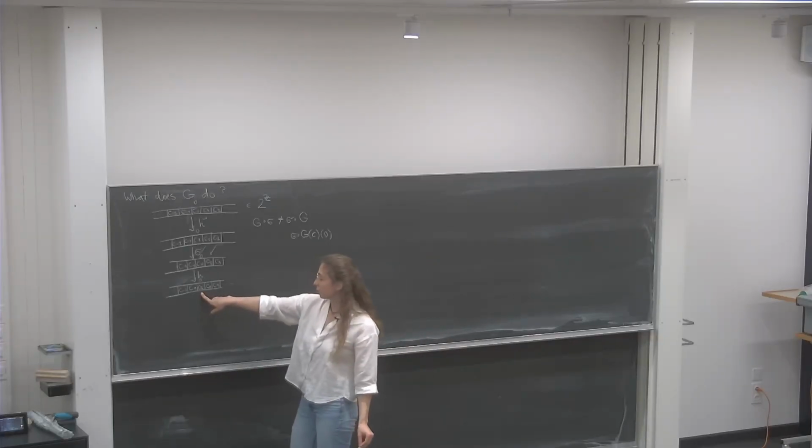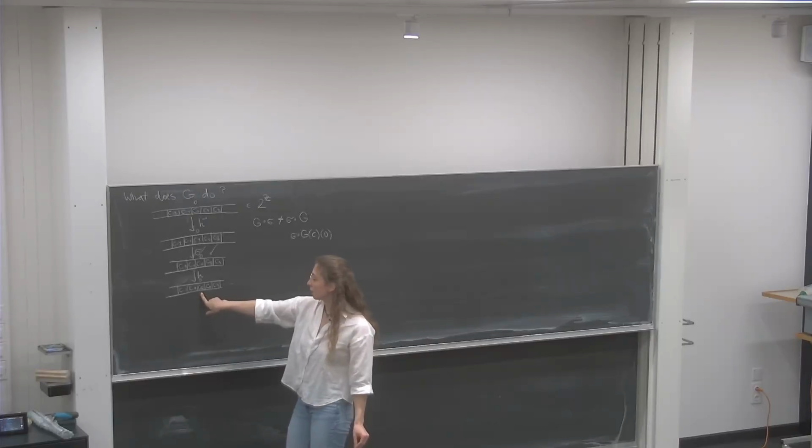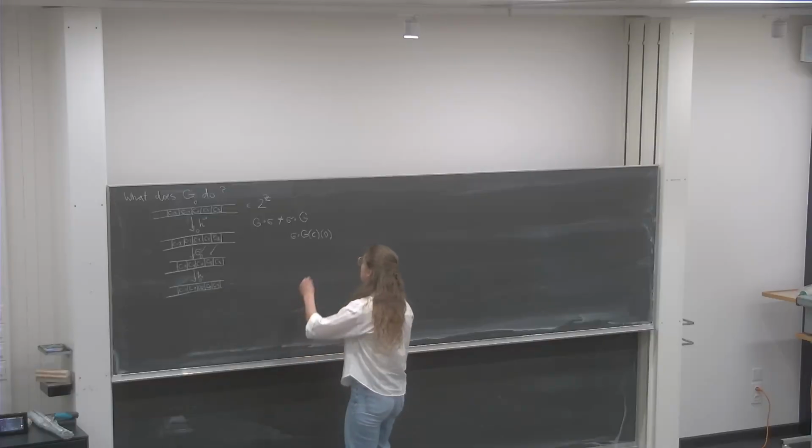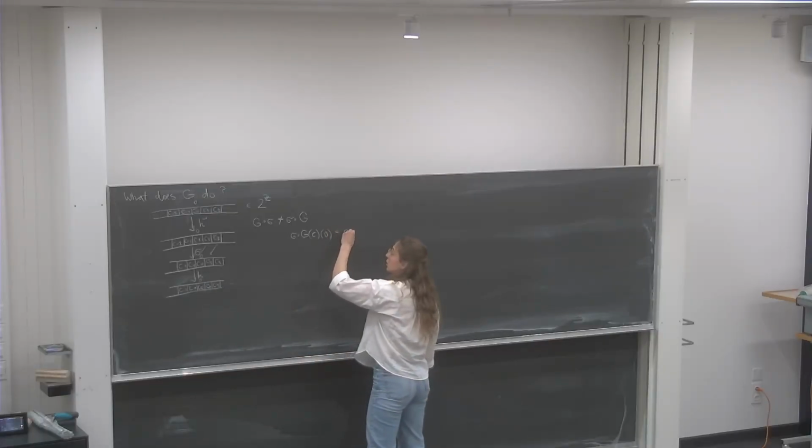G itself would map the position C2 here, but now we shift this by one to the left, so this is actually C0.